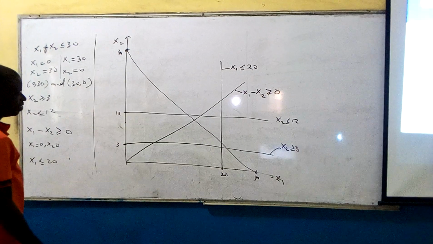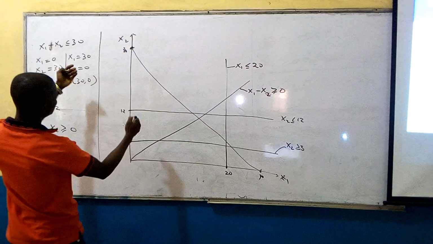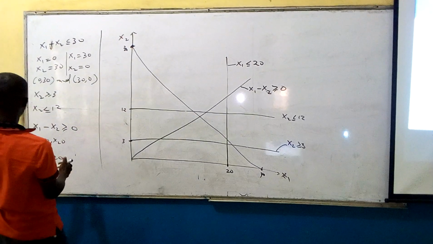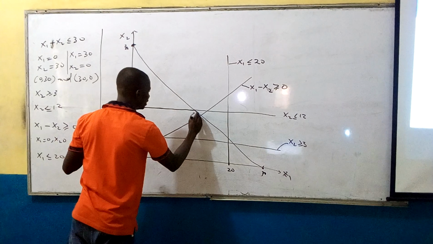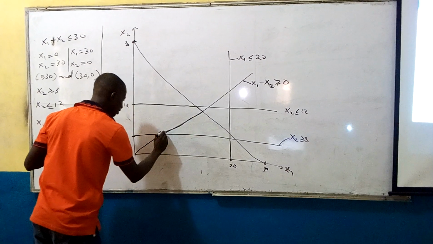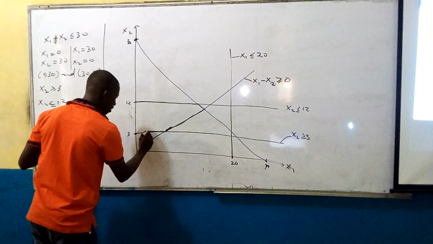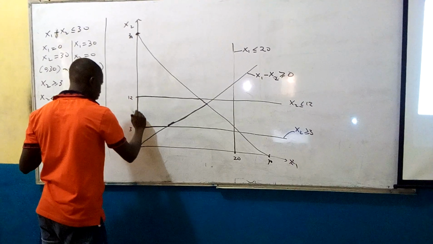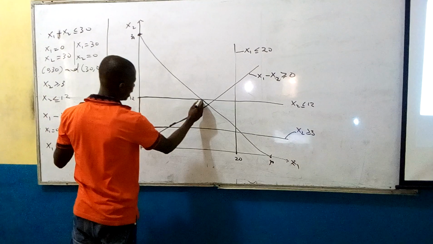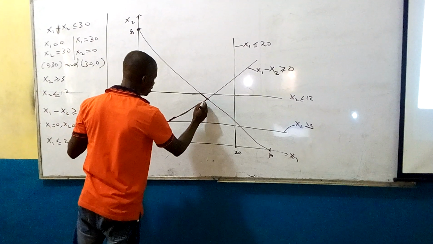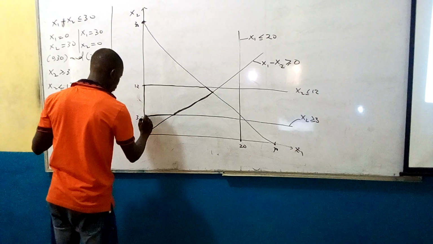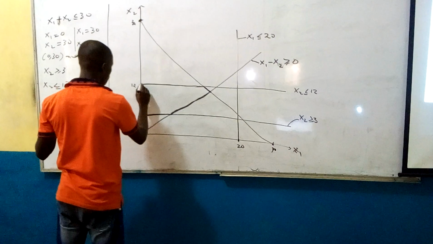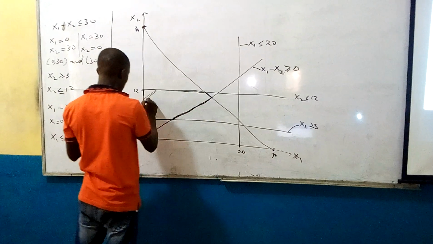If we drew to scale, that means we're looking at this region, more like a 5-sided figure. So we're looking at this region.